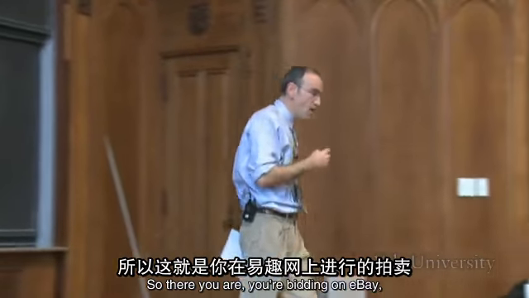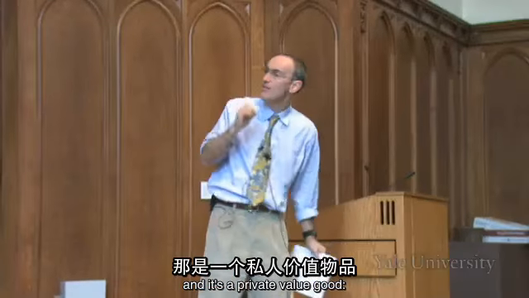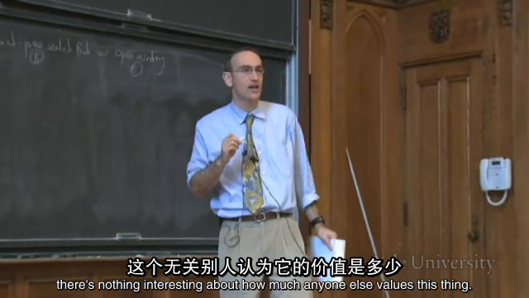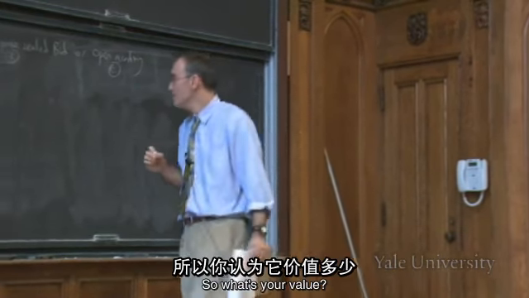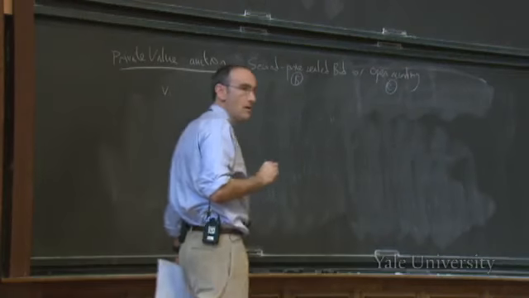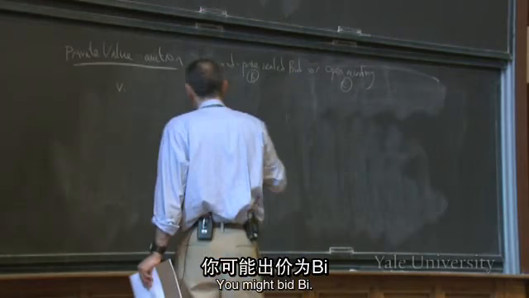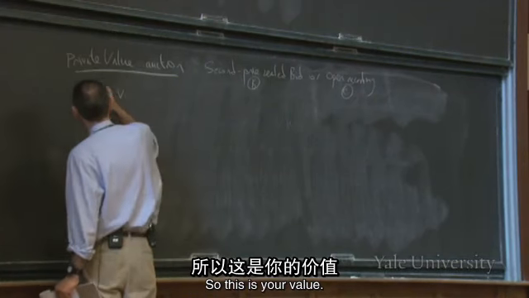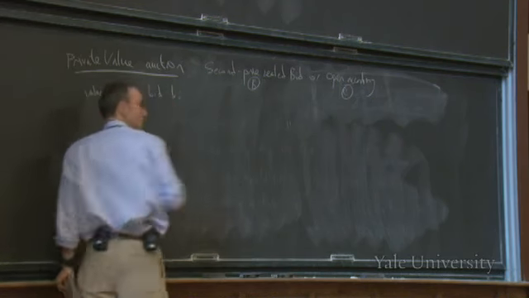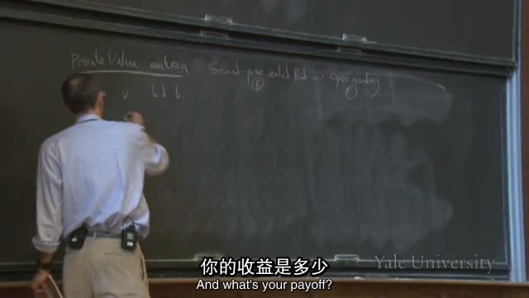All right, so there you are, you're bidding on eBay, and it's a private value good. There's nothing interesting about how much anyone else values this thing. So what's your value? Your value is VI. You might bid BI. So this is your value, your bid is BI. And what's your payoff?